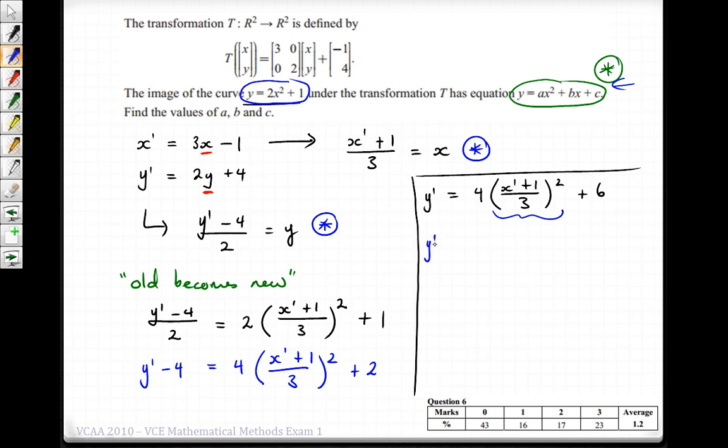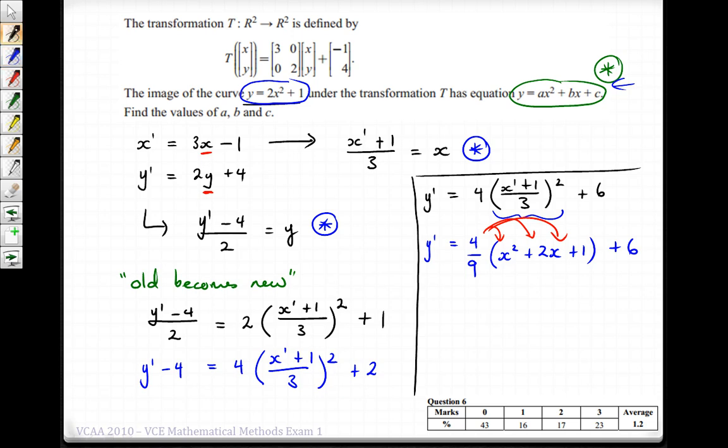So we're going to have y prime equals 4. I'm going to take the 3 squared on the bottom line out the front. And we know that x plus 1 squared is going to give x squared plus 2x plus 1, plus 6. Again, I'm just going to expand this bracket by multiplying each term through by the front coefficient.